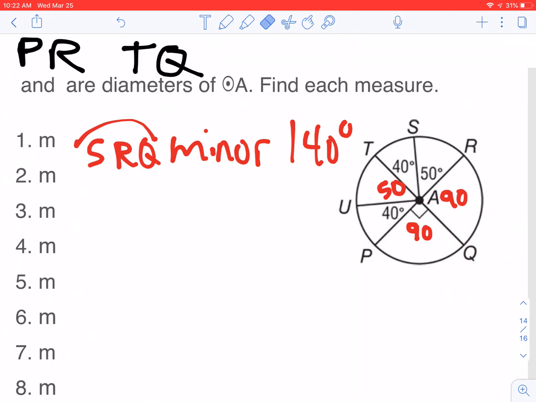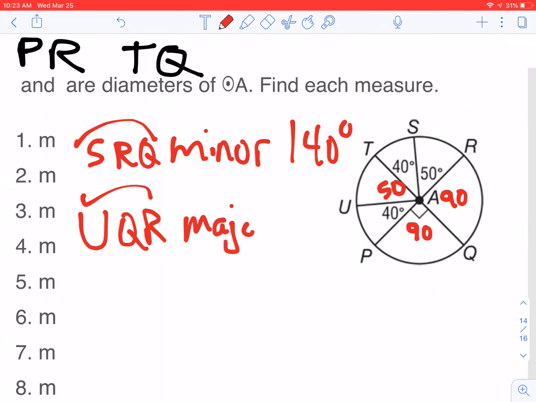Let's go with arc UQR. That's a major. It always helps to trace over it with my pen or my pencil.